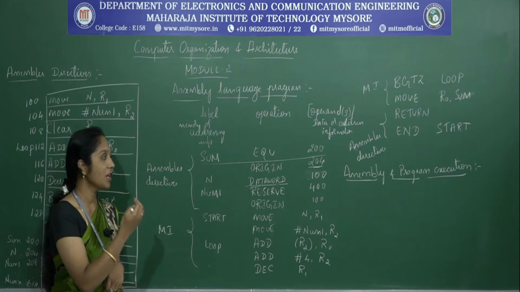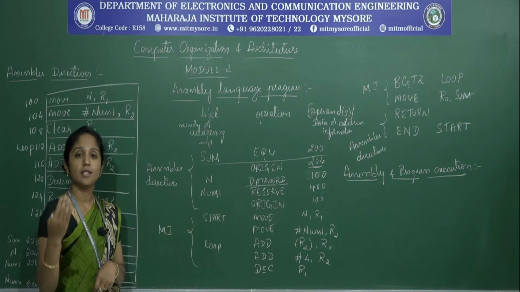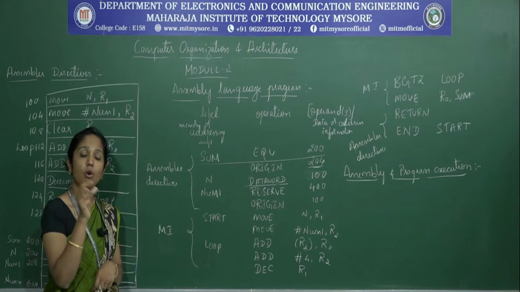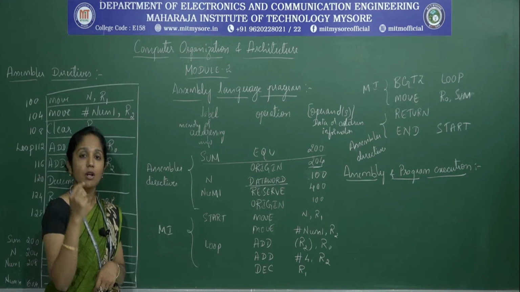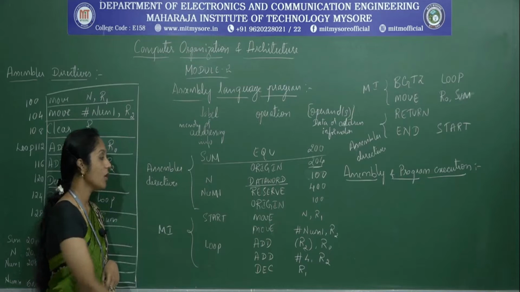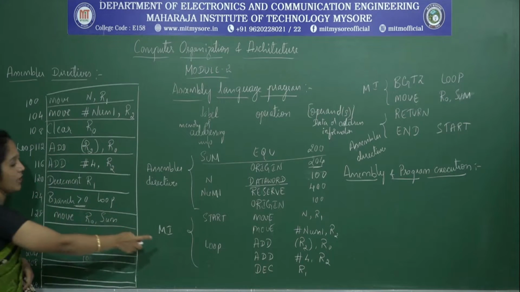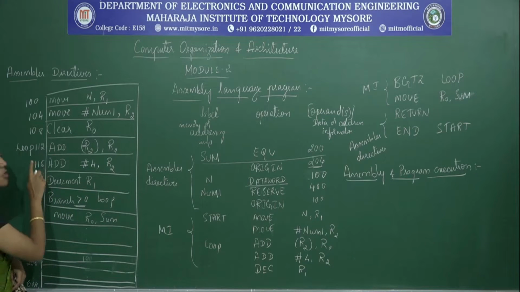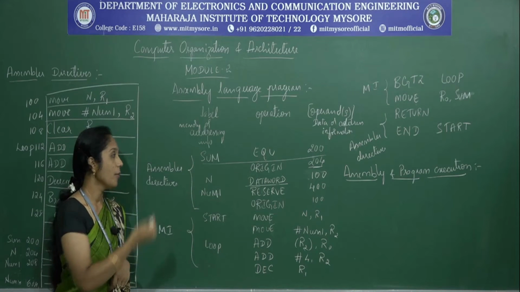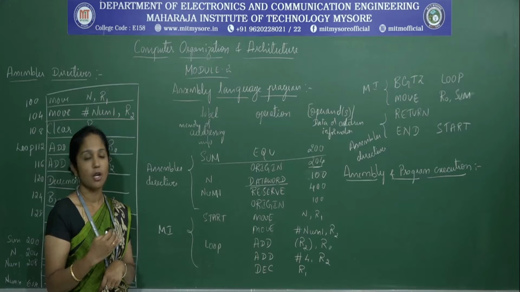As each instruction is written, it has to keep track of the conversion from the high level language to machine level language, and it should store the address where these instructions are stored. Therefore, if you observe the program, start is at 100 and loop is at 112. So if these values are to be replaced by the assembler, it needs to keep track of the machine instructions.